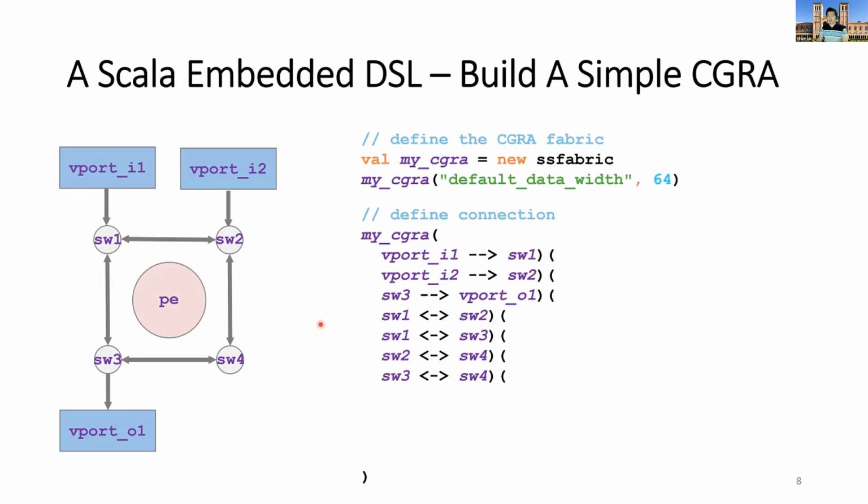We add a dual direction connection between each of the switches. We also want to route the operands into the processing element and route the results out of the processing element. So we can write something like this. Three of the connections are one direction connection, and the last one, the switch 4 to the processing element, is a dual direction connection. And here's where you output the result.